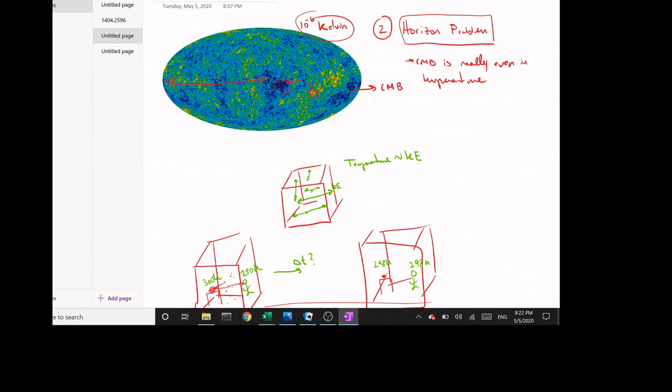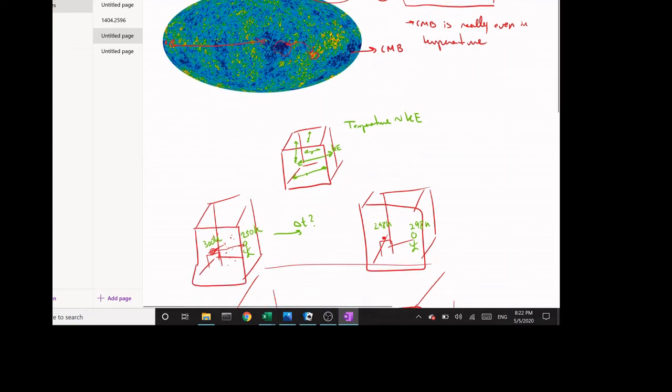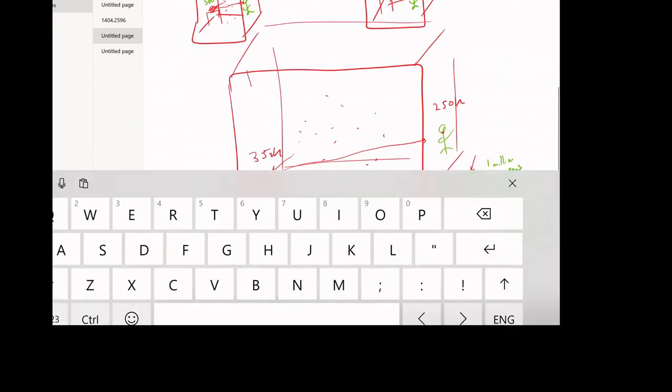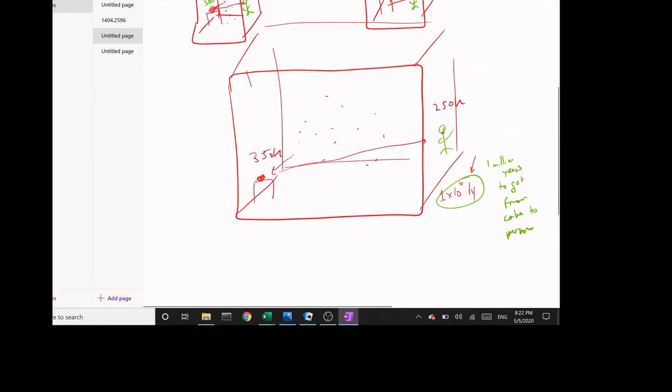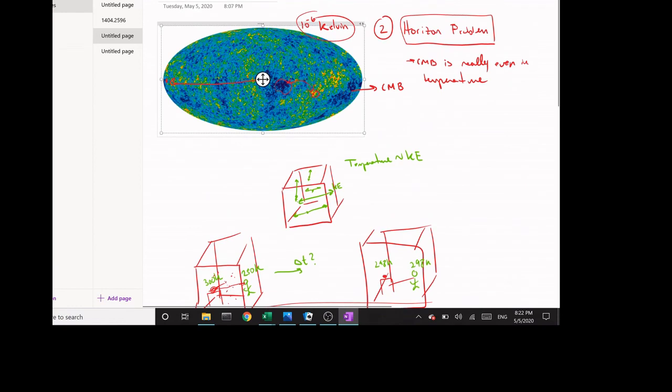Which means this is almost like the example of the cake and the person being too far apart to be at the same temperature. In other words, there's too much space in between here and there for those photons to have made enough round trips to be at the same temperature. In fact, it's not even a question of enough round trips. There hasn't been enough time for them to make even one trip.